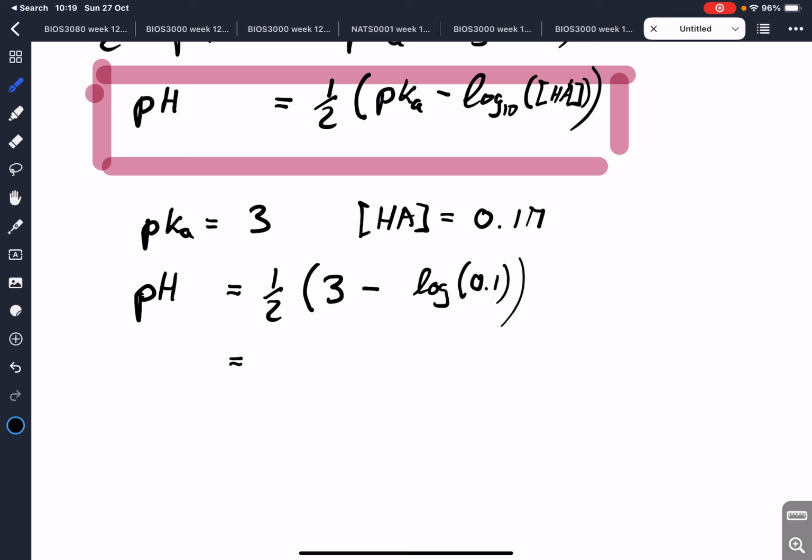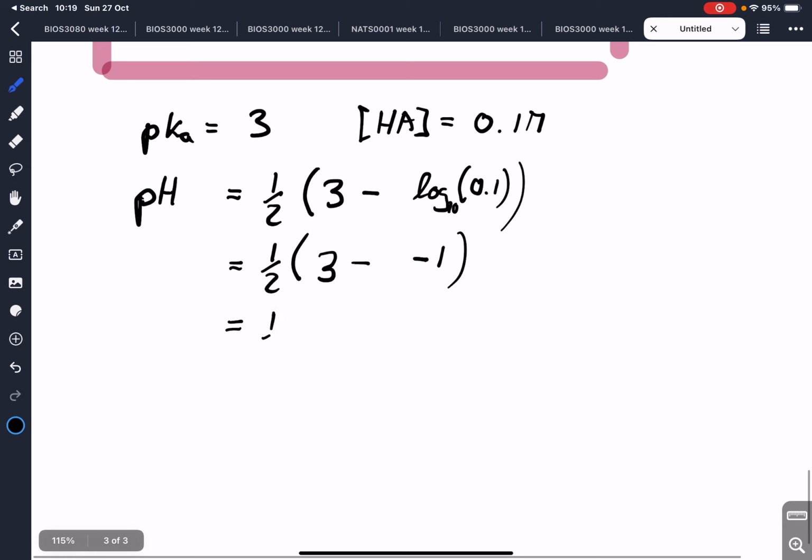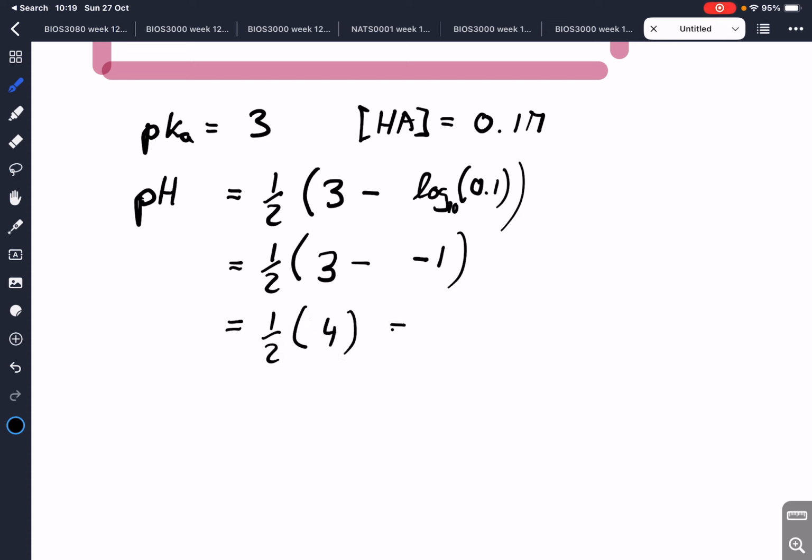So we have 1/2 of 3 minus log to the base of 10 of 0.1, which equals -1. So this gives us 1/2 of 3 minus -1, that gives 4. So here the pH would be 4 divided by 2, which is 2.